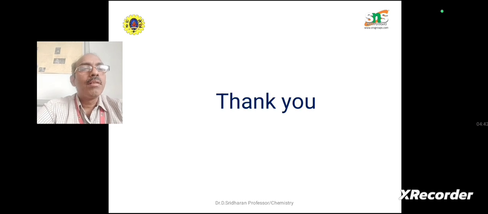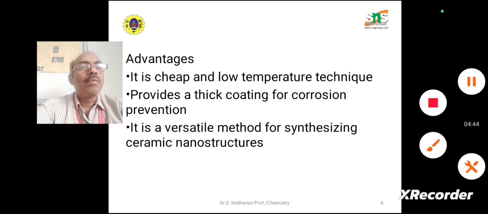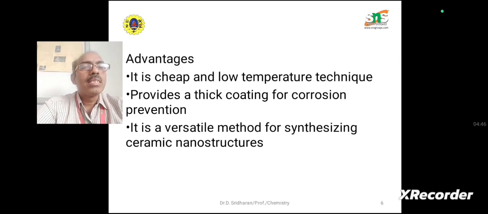What are the advantages? It is a cheap and low temperature technique. It provides thick coating for corrosion prevention. It is a versatile method for synthesizing ceramic nanostructures.